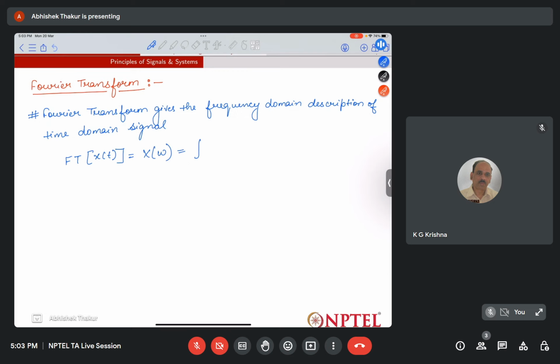And this will be the integration from minus infinity to plus infinity of x(t) e to the power of minus j omega t, with respect to dt. So the transform X(omega) is the frequency domain description of x(t). The right side of the equation is known as the Fourier integral, and x(t) and X(omega) make a Fourier transform pair. So we can denote it like this.